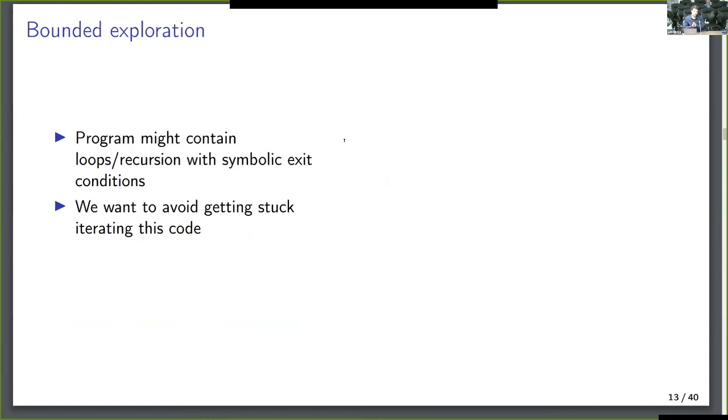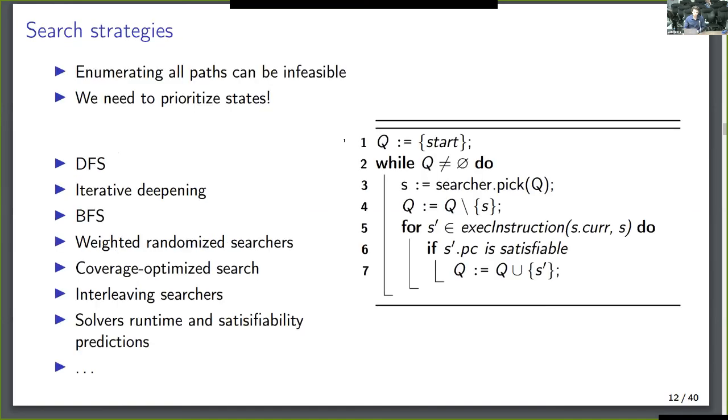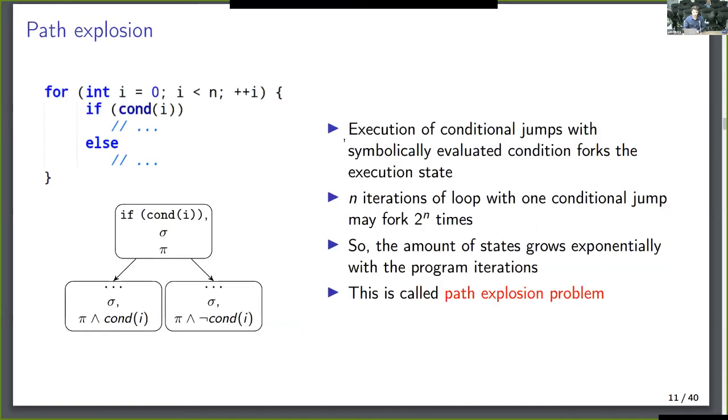But still, if you execute some loop with a symbolic exit condition, for instance, in this loop here, if n is symbolic, we just obtain those conditions: 0 is less than n, then 1 is less than n, then 2 is less than n, and we can never be sure that this loop has terminated because we don't know what n is.